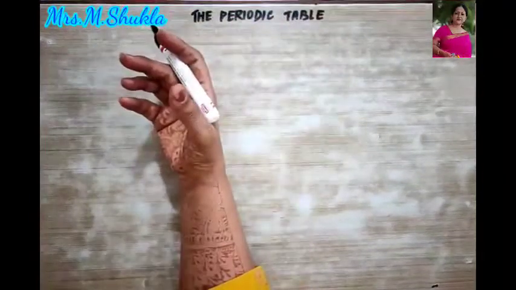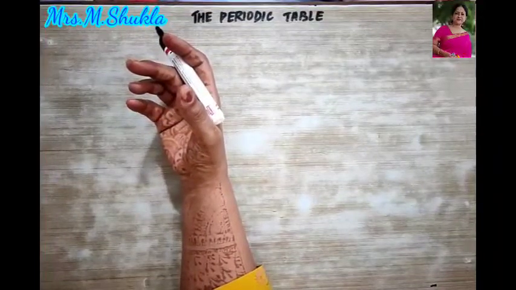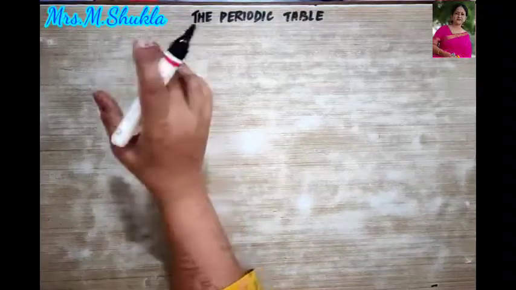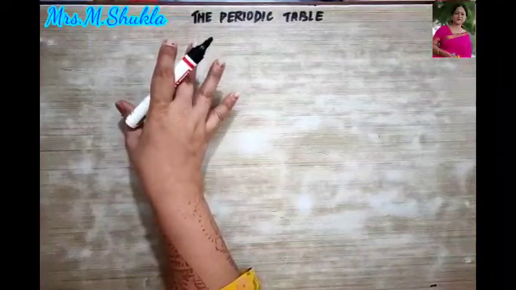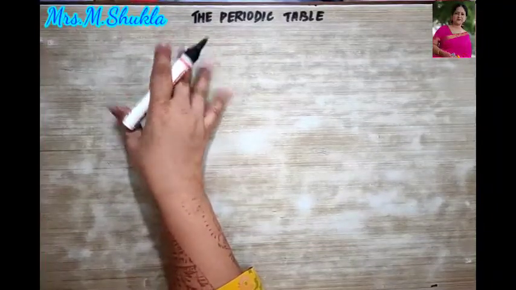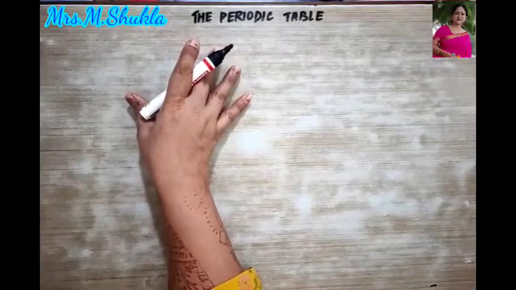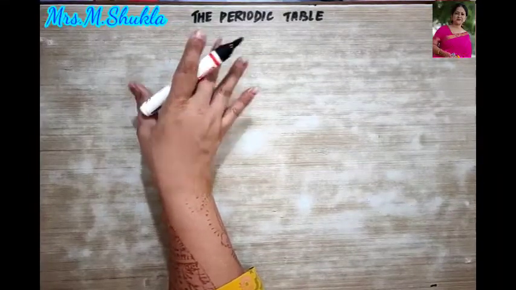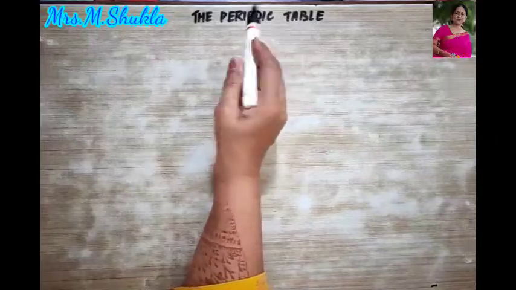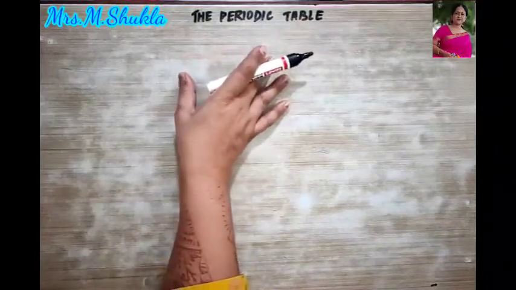So the first scientist who came forward was Döbereiner. But before I begin with Döbereiner and his way of classification, let me make you understand what the periodic table is, because the word periodic table has come over here.